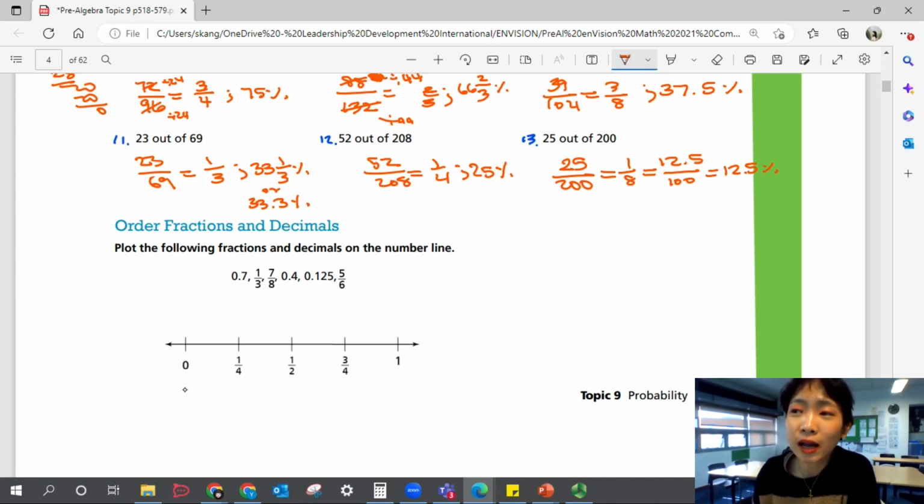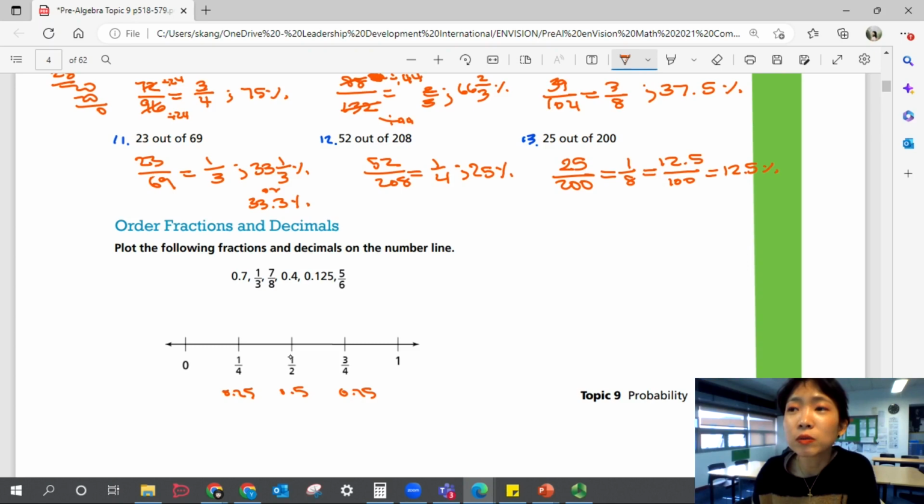So we have a number line that has 0 through 1 broken down, right? So if you divide that by half, that is 1 over 2, or 0.5, right? And then 1/4 of that is 0.25, because that's 25% of 100%. 3/4 is 0.75, right? So look at 0.7. 0.7 should be a little bit less than 0.75.